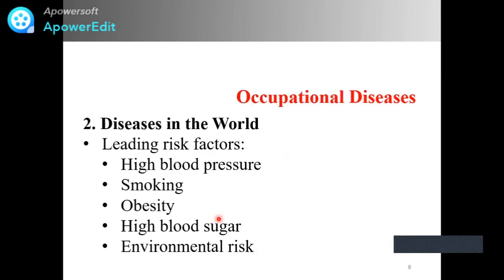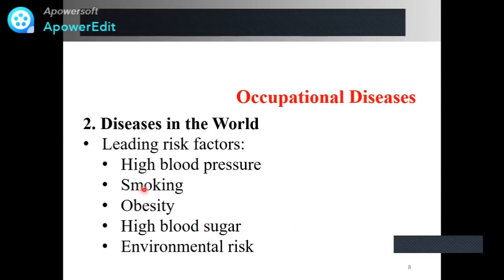The leading risk factors for premature death globally include high blood pressure, smoking, obesity, high blood sugar, and environmental risks. Environmental risk factors include air pollution.